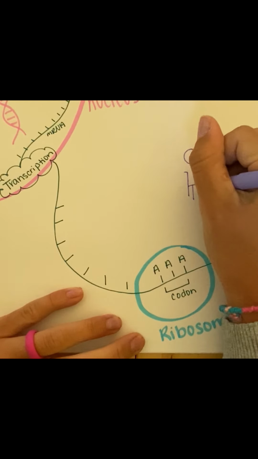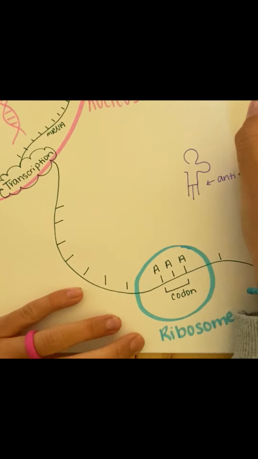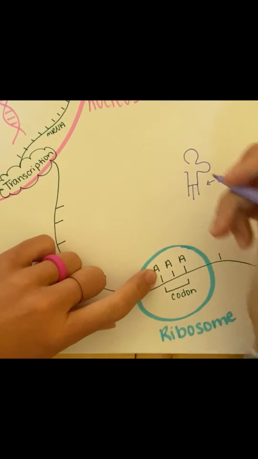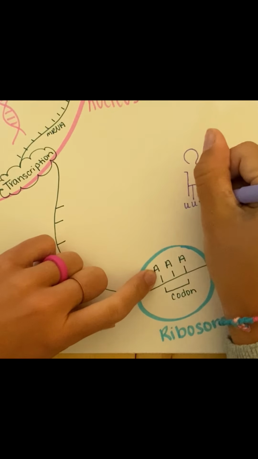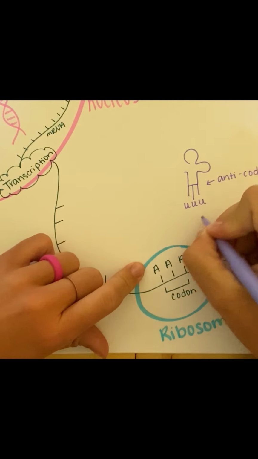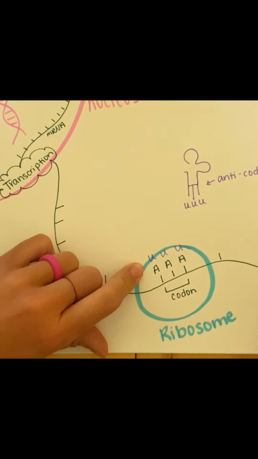All right, and they have what is referred to as an anti-codon. So anti just meaning the opposite. So if we have AAA here, then the opposite of that must be UUU. So this anti-codon on this tRNA is going to fly in, and it's going to drop that UUU and attach to it.